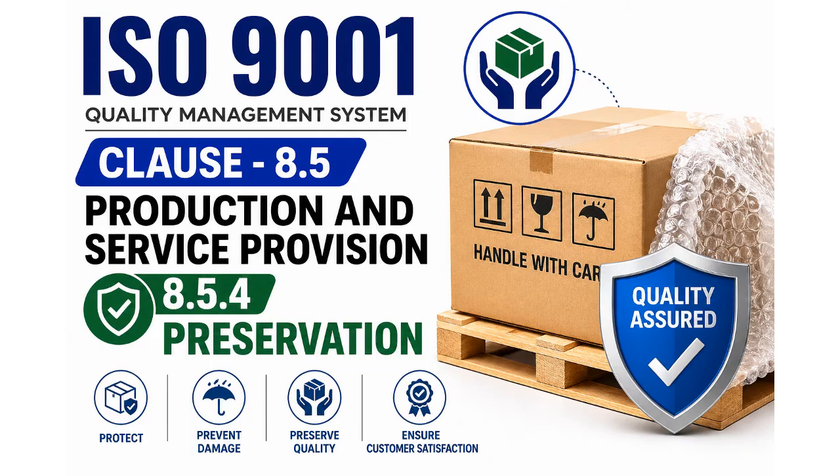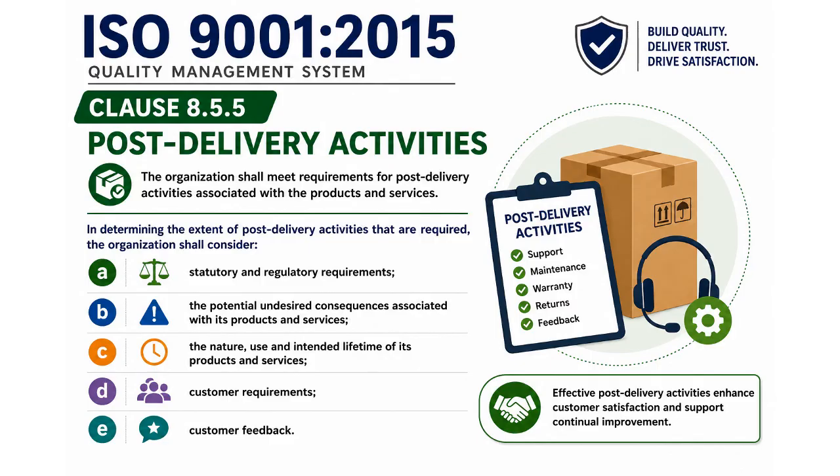Proper preservation methods are essential to maintain product quality and consistently meet customer requirements. This control helps protect product integrity, minimize operational risk and improve overall customer satisfaction. Effective preservation ensures that quality assured products are delivered safely, reliably and in full compliance with the specified requirements.